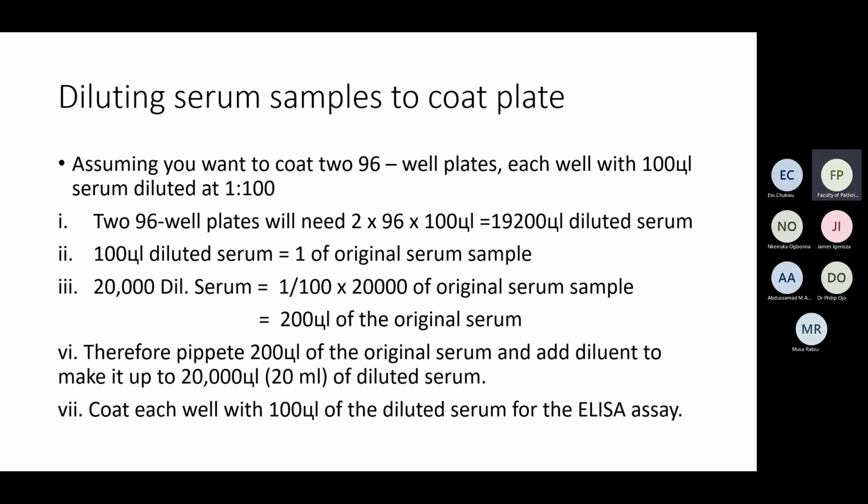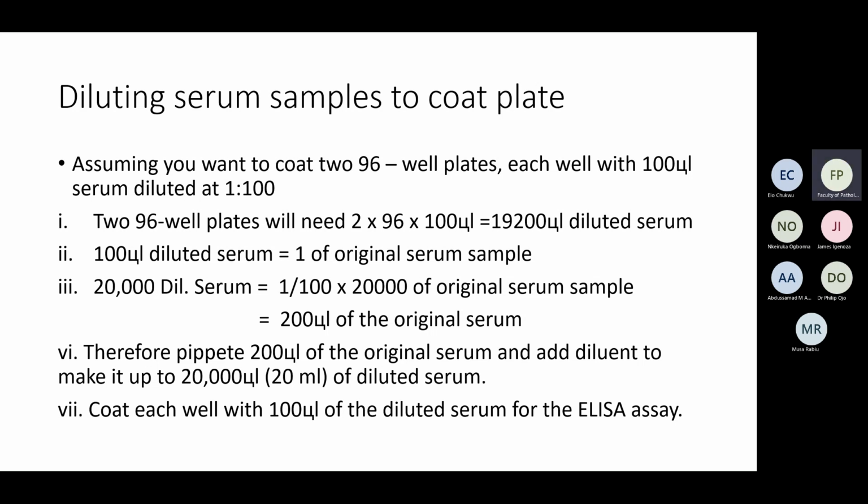These 2 96 well plates, we need 2 times 96 times 100 microliters of diluted serum. That will give you 19,200 microliters.